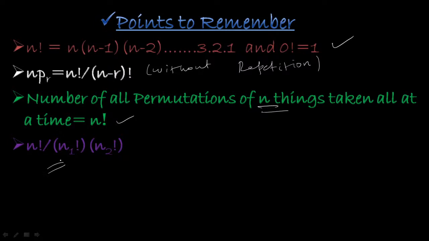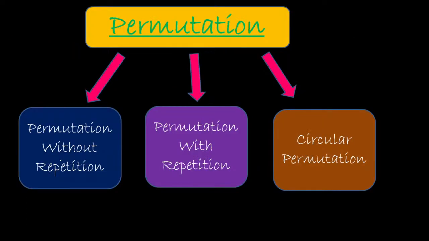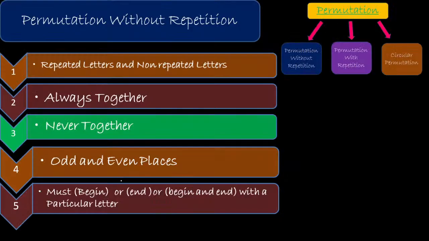Now, with this short introduction about permutation, let me move on to the concept of permutation without repetition. As I told you already, permutation has been divided into three categories: permutation without repetition, permutation with repetition, and circular permutation. Now, we are going to discuss permutation without repetition in detail. It is a vast category.